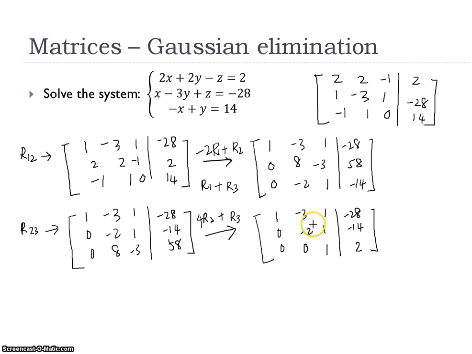We need to change this negative 2 to become 1. We are lucky enough because we have a 1 at the bottom of the third column, so we wouldn't have to correct it. So we just divide row 2 by negative 2.